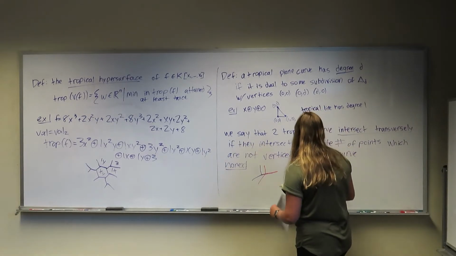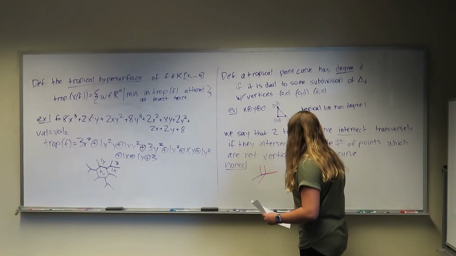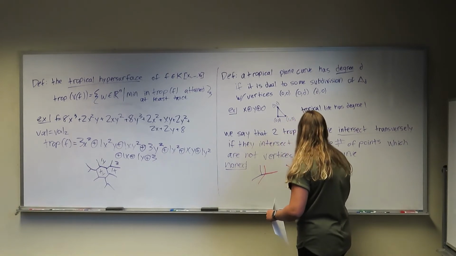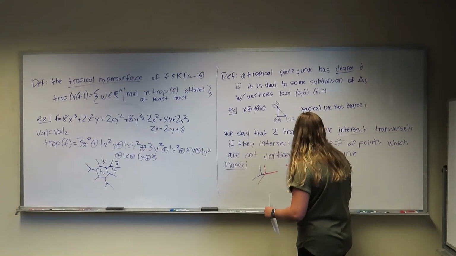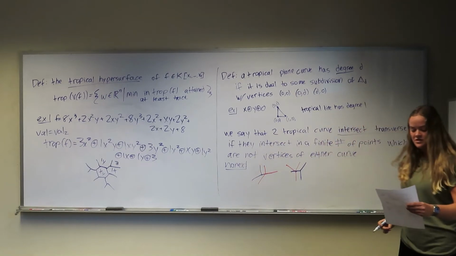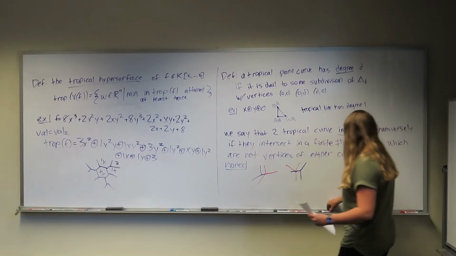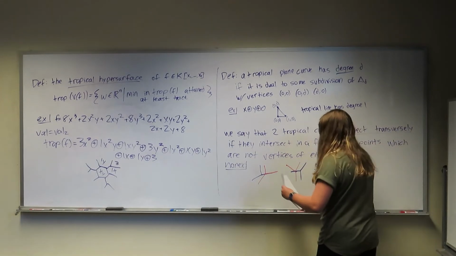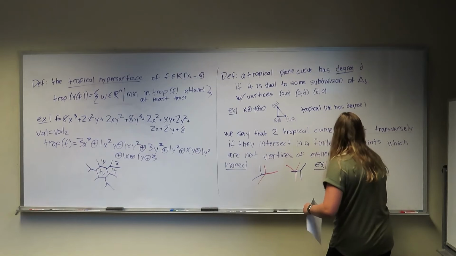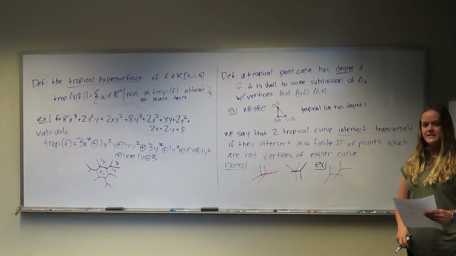Another non-example would be this line and this line, because they're intersecting at a vertex. An example of two lines intersecting transversely is like that.